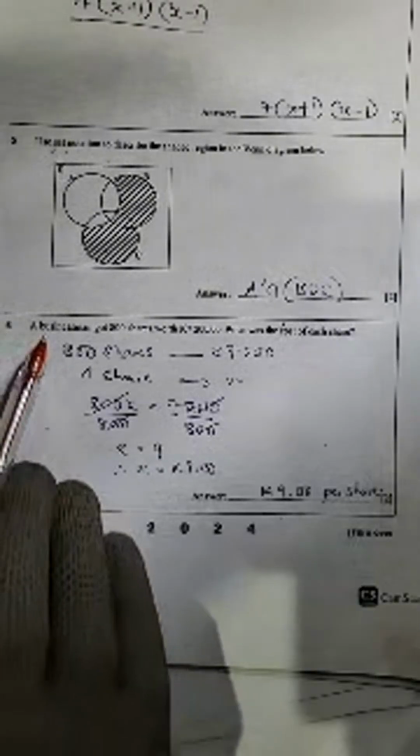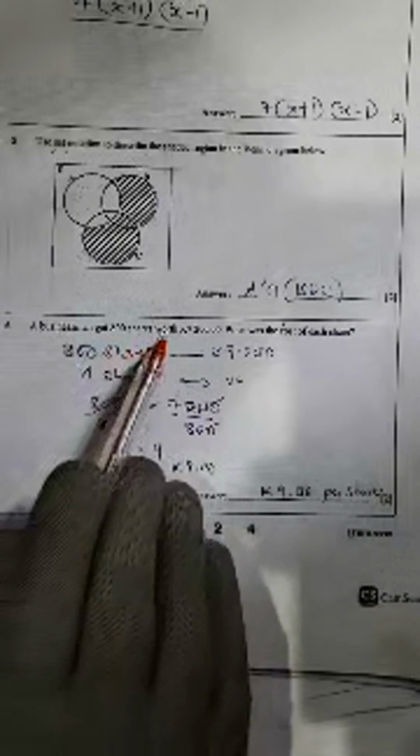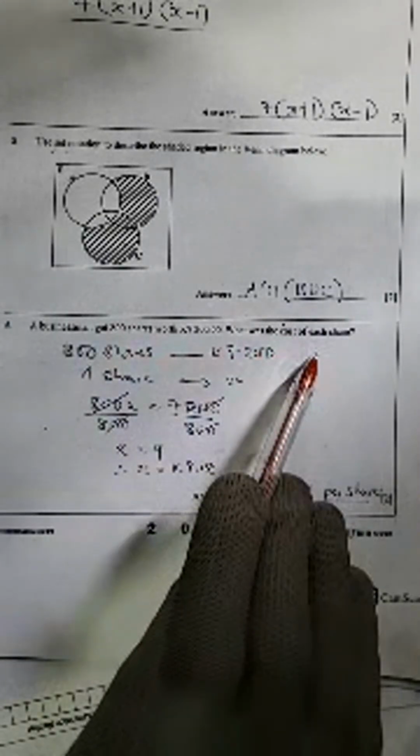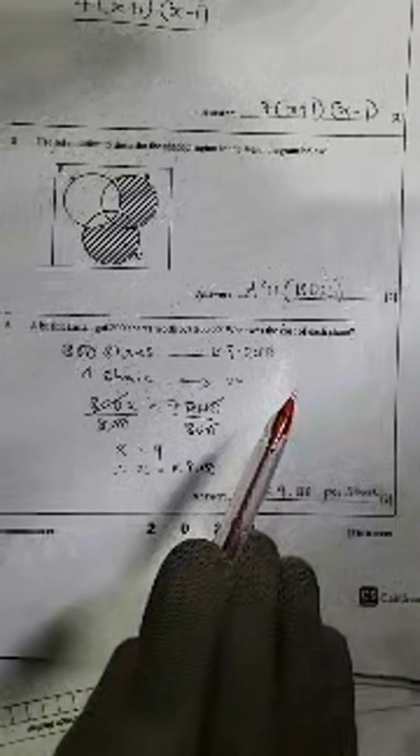Question 6. A businessman got 800 shares worth 7,200 kwacha. What was the cost of each share?